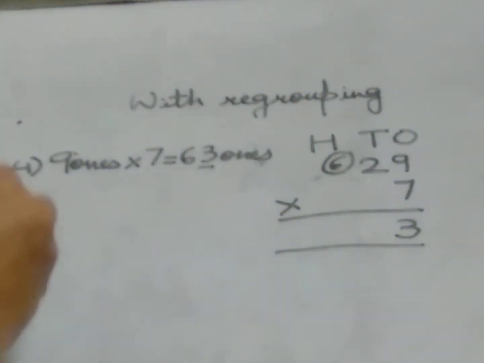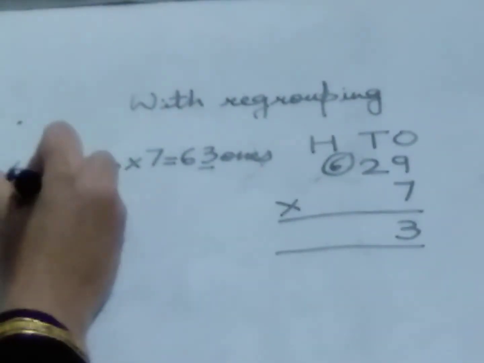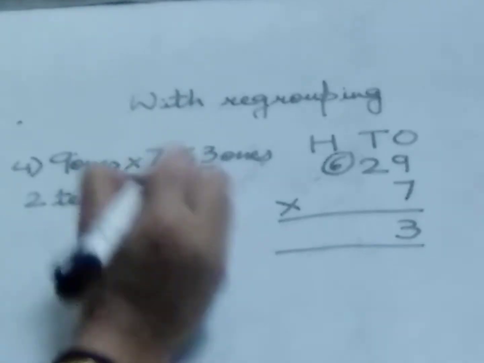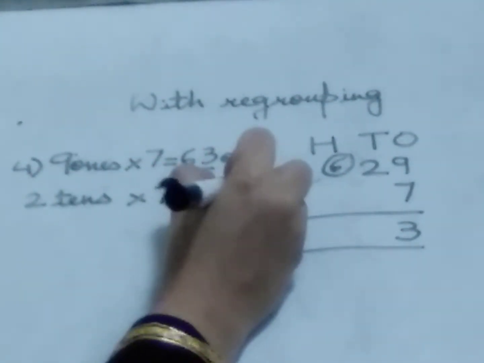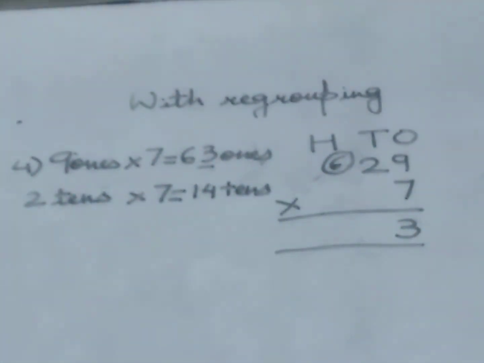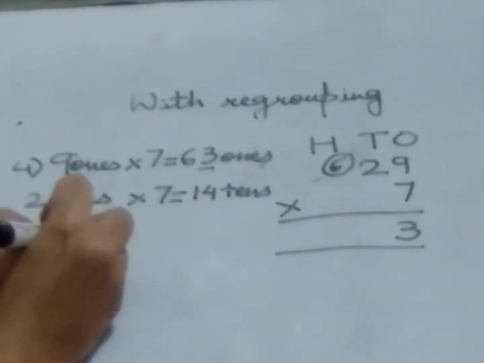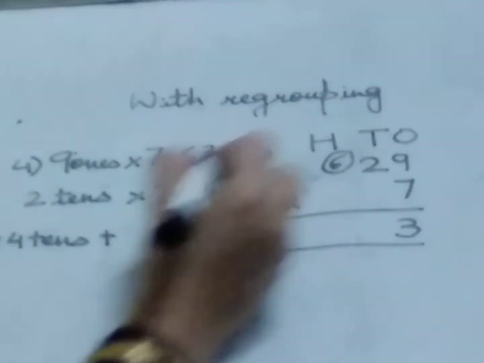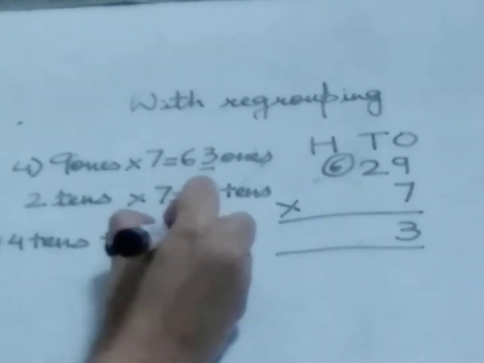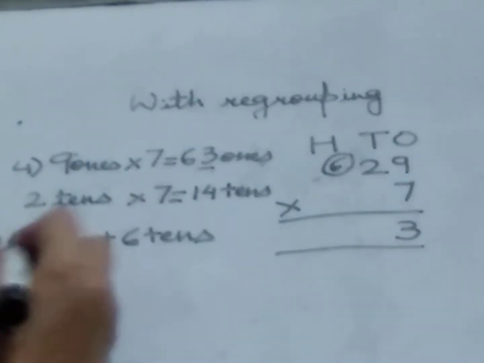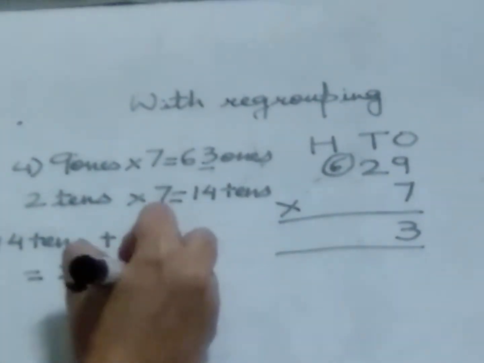Now multiply the tens next, which is 2 tens multiplied by 7 is equal to 2 sevens are 14, 14 tens. Now 14 tens plus 6 tens, which is carried over, is equal to 14 plus 6, 20, 20 tens.